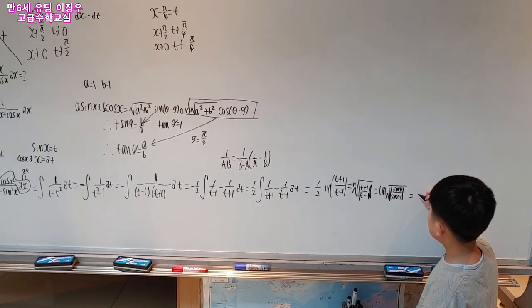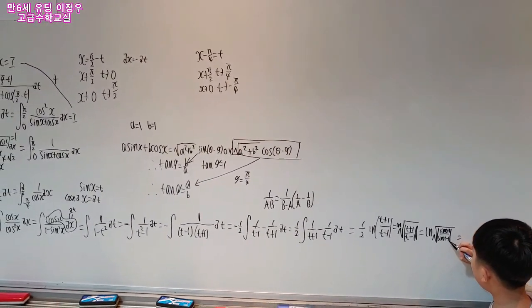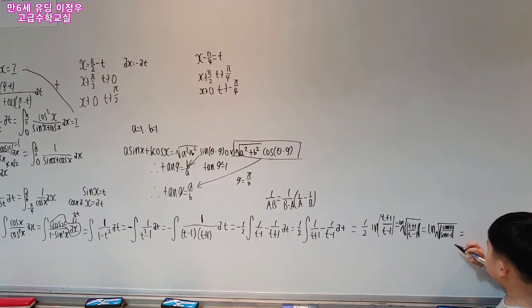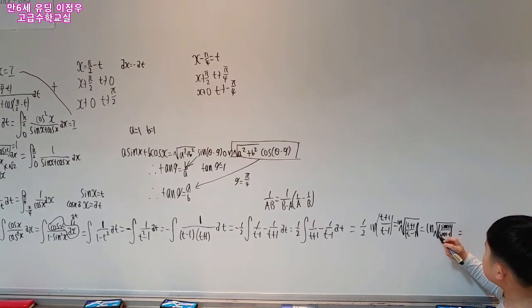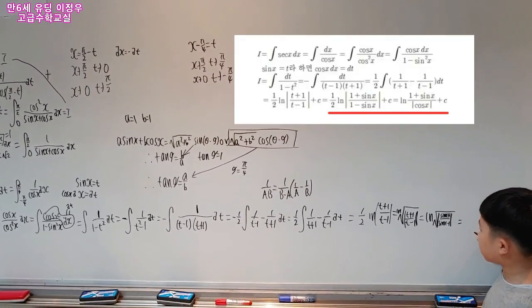And we multiply this, and this is going to minus 1 minus sine x.